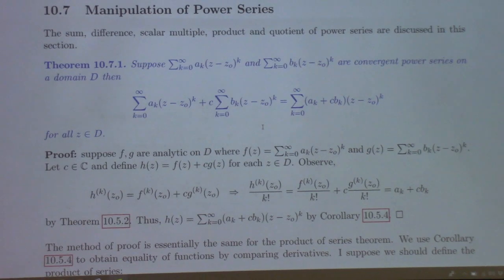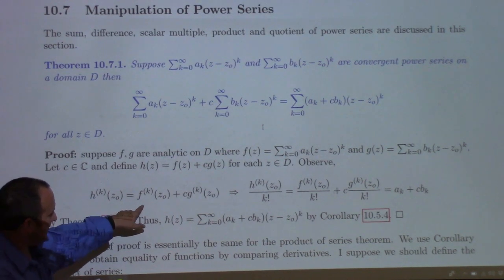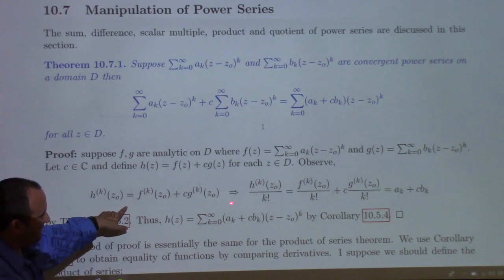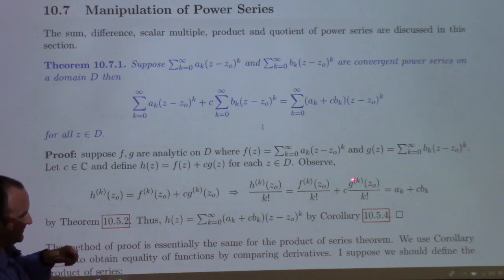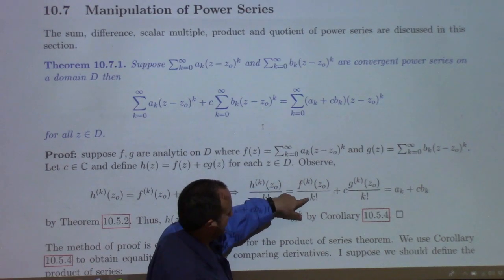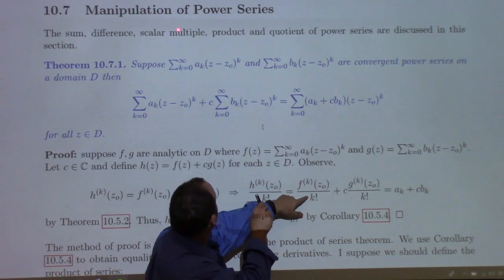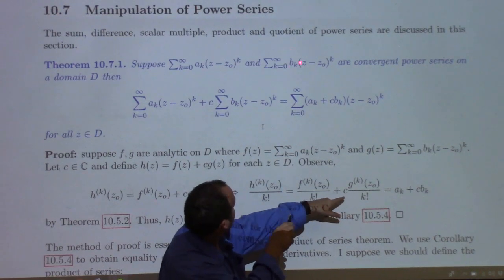Anyway, so I calculate the kth derivative of h, and by properties of complex differentiation, I get this. But then remember the Taylor coefficient for f and the Taylor coefficient for g are this and this. The kth derivative of f divided by k factorial is this guy, and the kth derivative of g divided by k factorial is that guy.